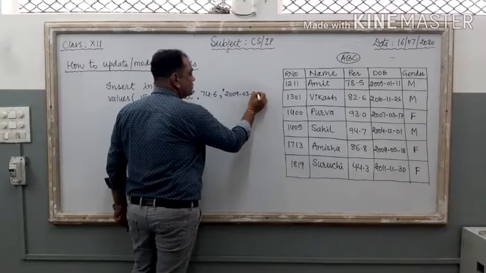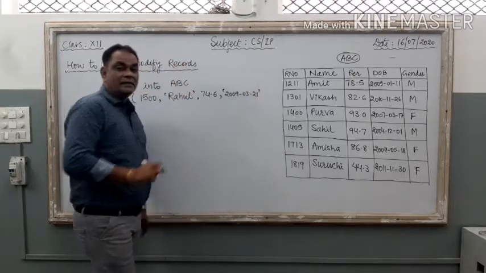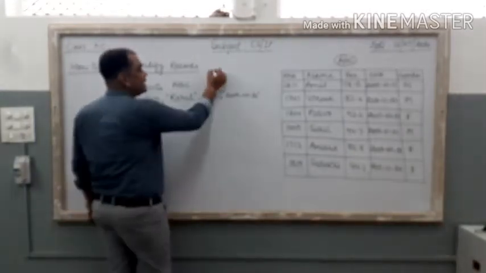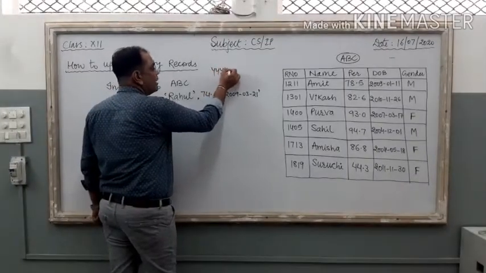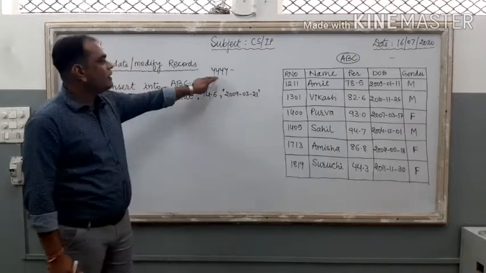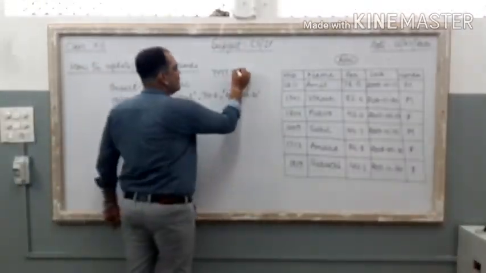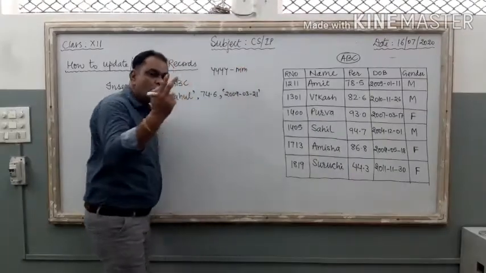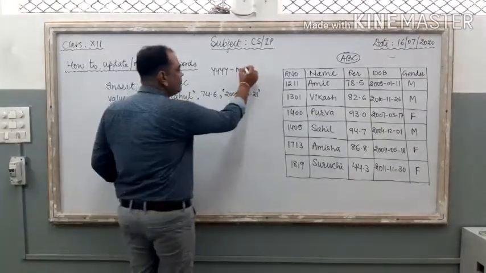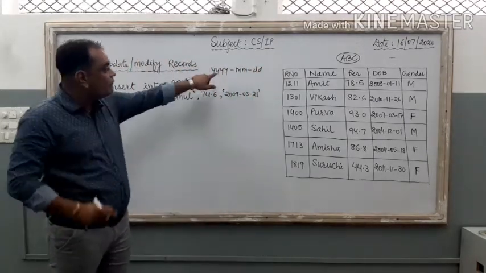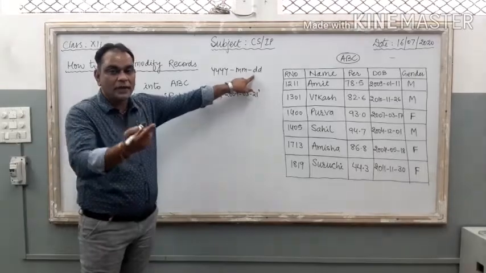Valid date means SQL applies a specific date format. The first part you write is the year in 4 digits, then a dash. Just after the year we write the month in 2 digits, and after the month we write the date in 2 digits. It is the valid MySQL format to store the date.